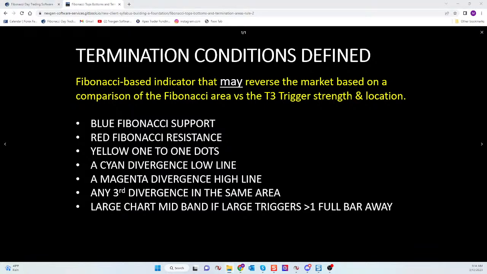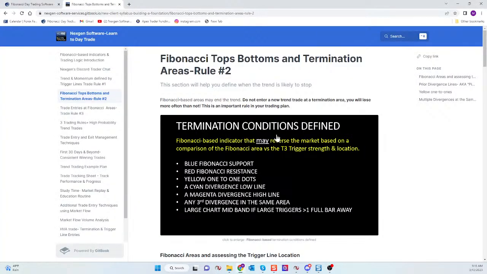It may be a divergence high line. It could be a divergence low line. It could also be a large chart midband if the large triggers are a full bar away. And all of these are happening on that 13.2, guys. We're looking for these on that larger, faster chart, except for one, which is any 3 divergence in the same location.